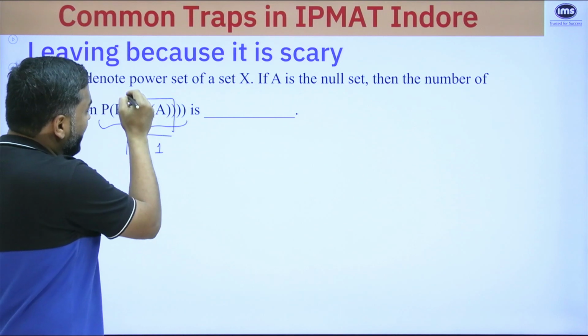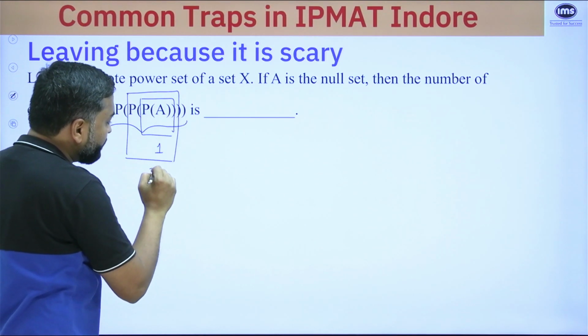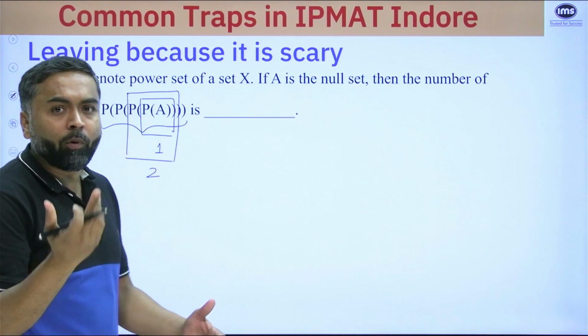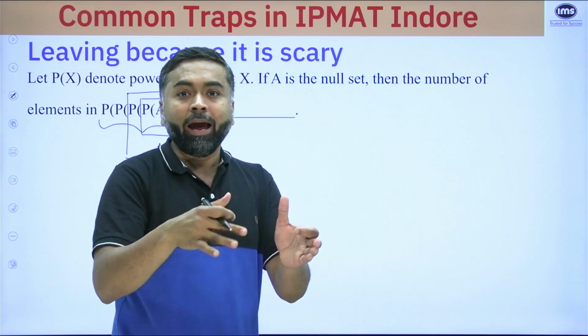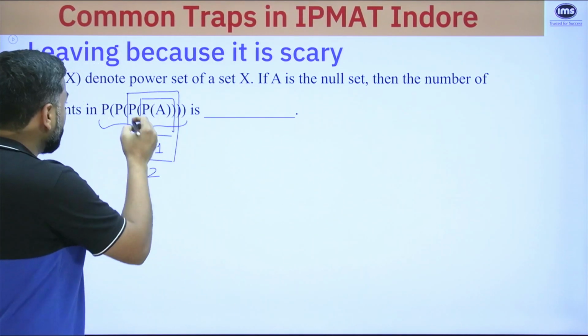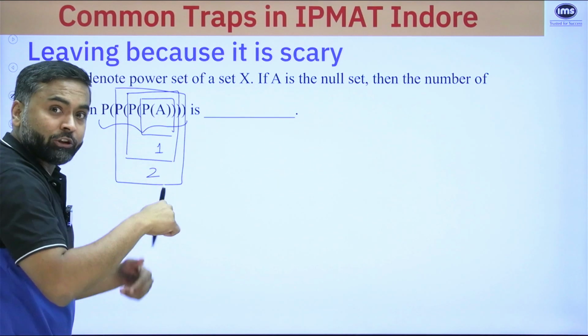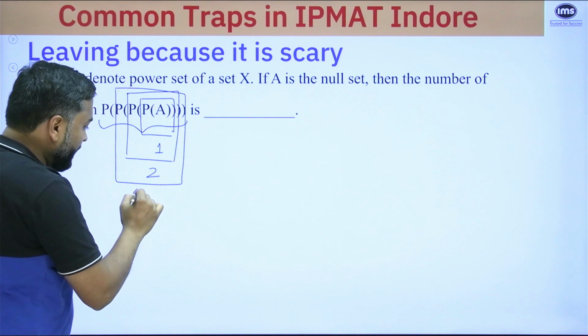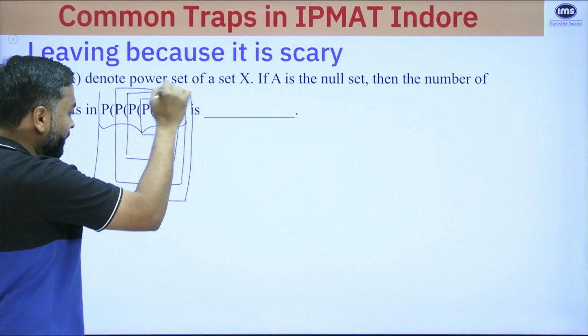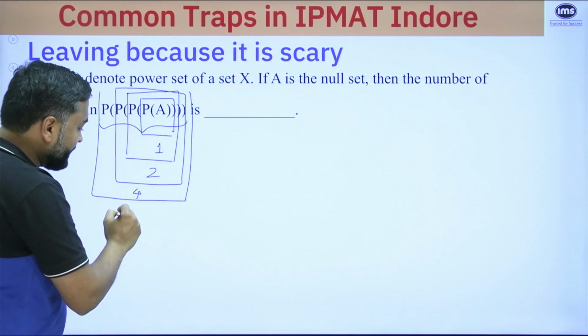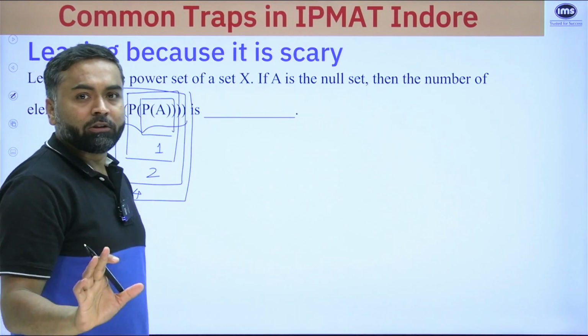If that is one element, the power set of that will have two elements, correct? Similarly, this will have 2 raised to 2, 4 elements, and then eventually this will have 2 raised to 4, 16 elements, and your answer is 16.